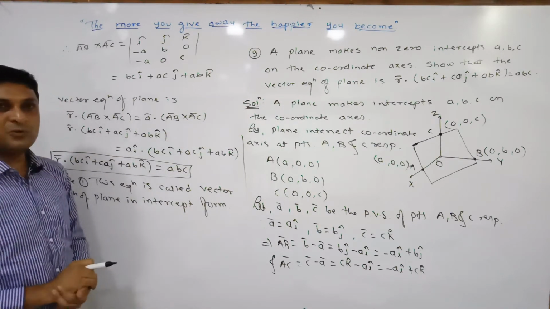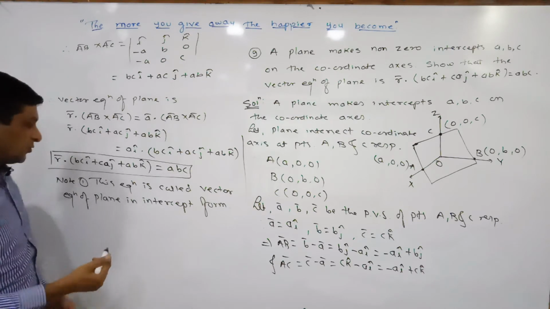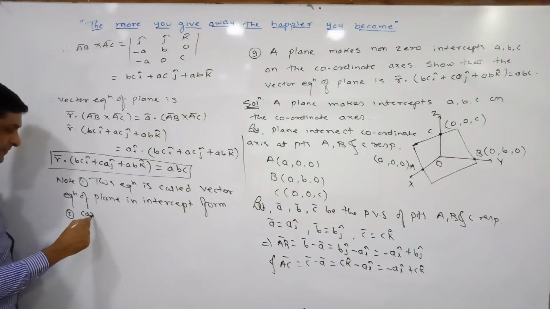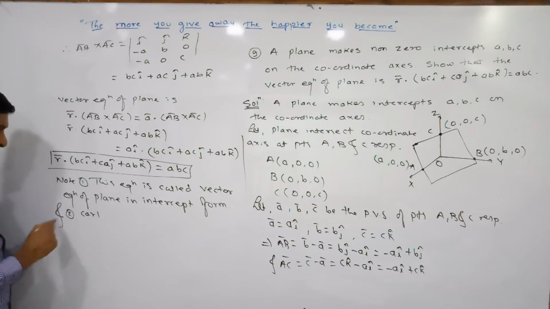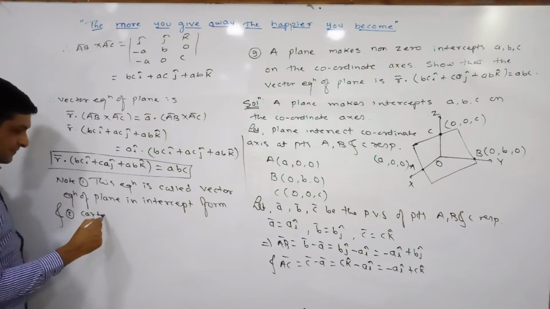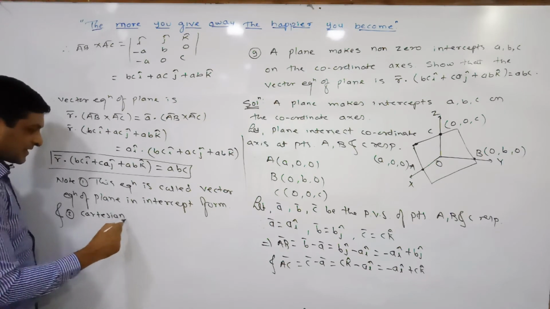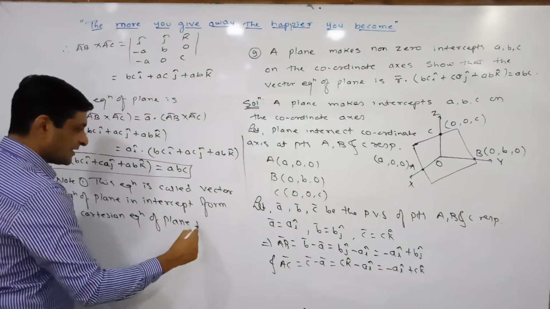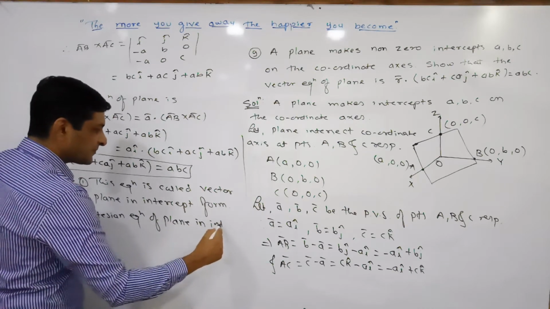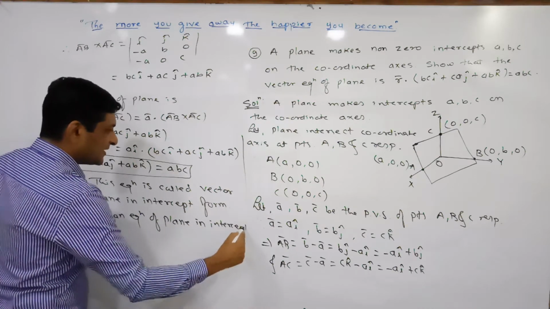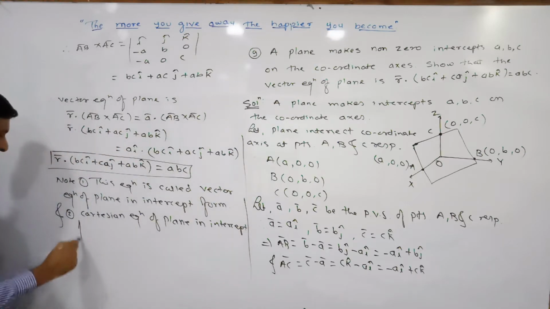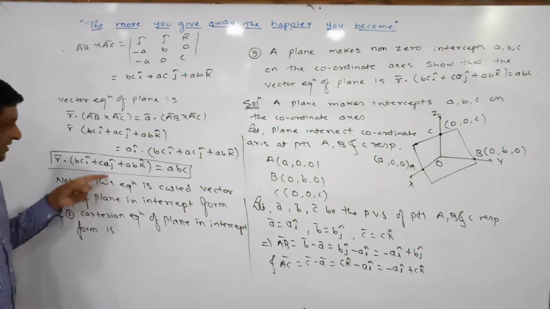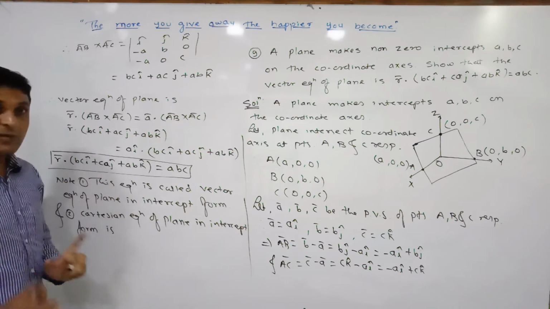Now let us try to convert the same formula into Cartesian form. So the Cartesian equation of plane in intercept form is, okay. Now we are converting this vector equation into Cartesian equation.